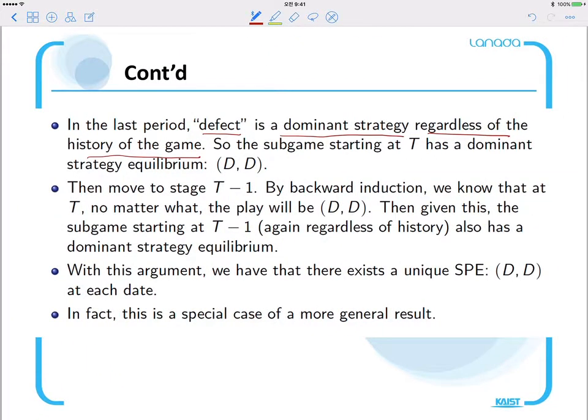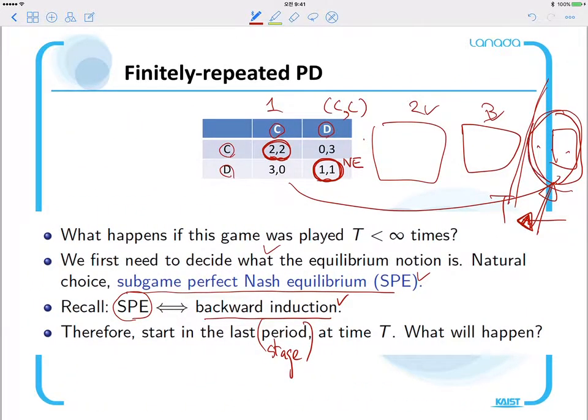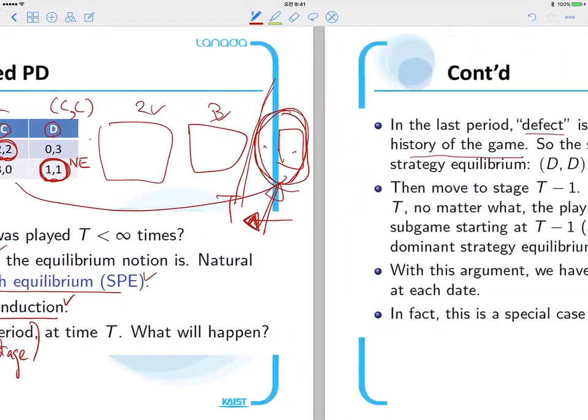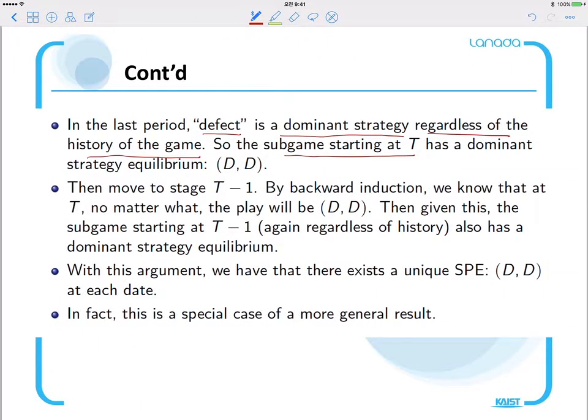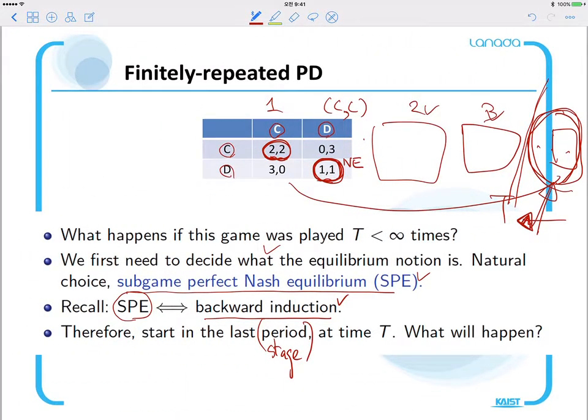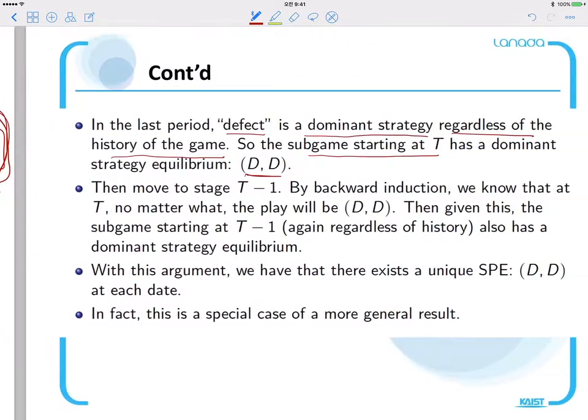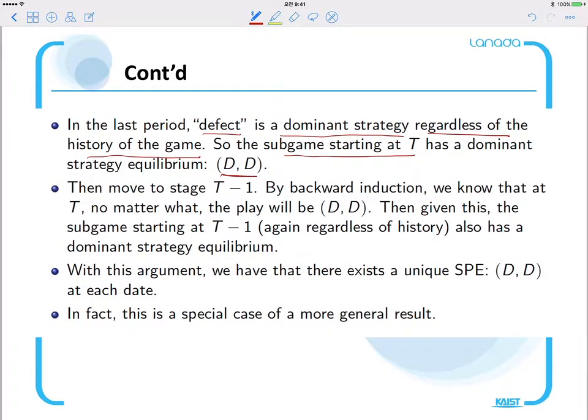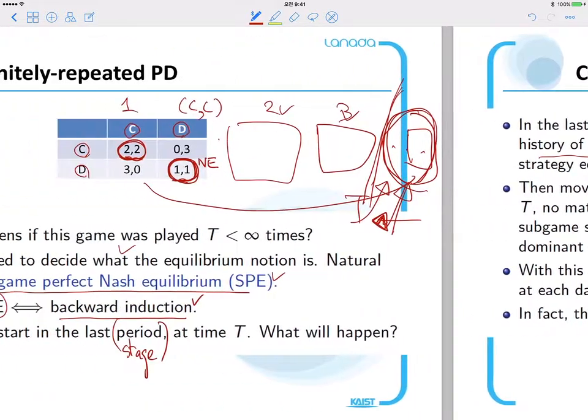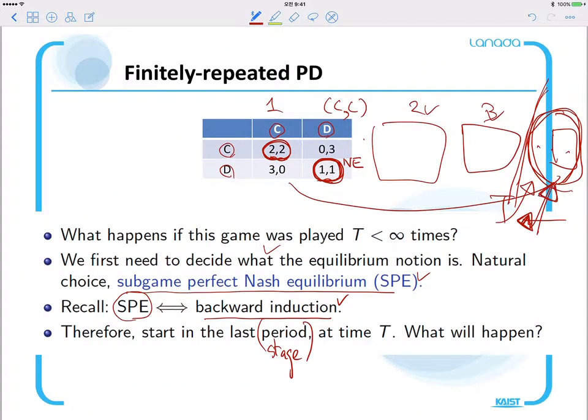So the subgame starting at T, where the remaining game is just a one-shot game, has a dominant strategy equilibrium, D, D. This is a Nash equilibrium for the one-shot game. Now, assuming D, D is determined as the Nash equilibrium in the last period, let's look at this two-stage game.